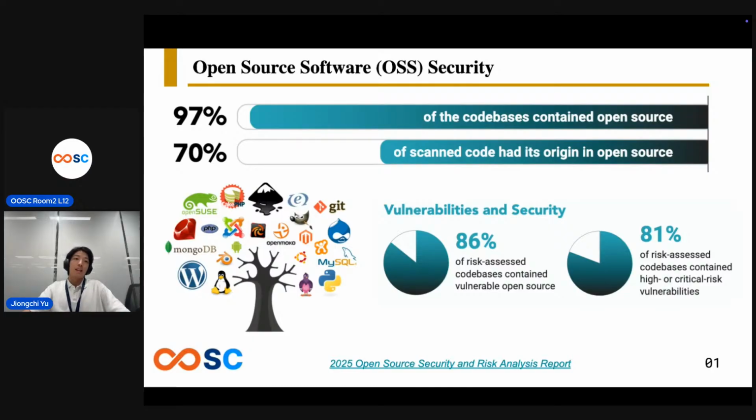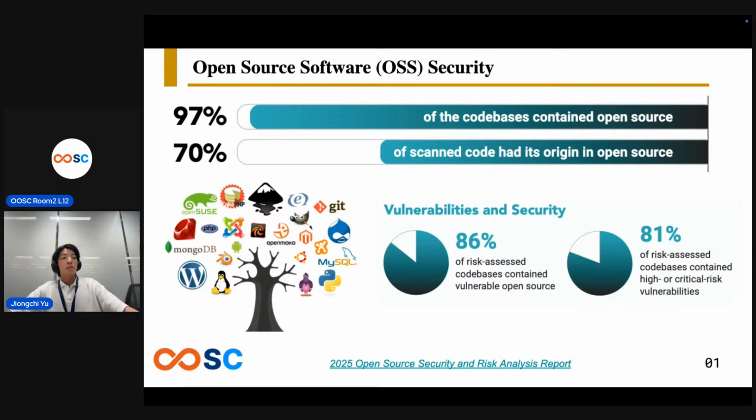According to it, 97% of codebases contain open source. They scanned a lot of very popular software and found that most of them have their origin in open source. Even commercialized software has components partially from open source development. Therefore, open source software is very popular and widely used.